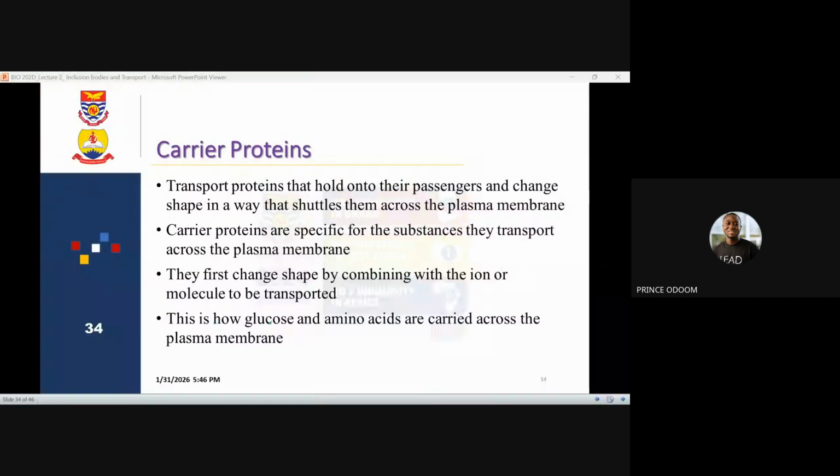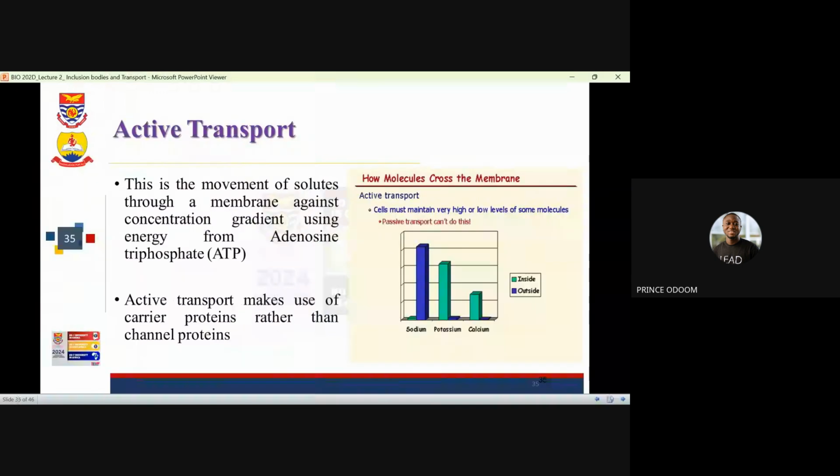But what I want you to understand is that assuming your blood needs glucose or amino acid, and the amino acid is concentrated in the cells of the small intestine, and they do not get the requisite protein to carry them through the walls into the plasma membrane, there will be a lot of pathology. So that is with the carrier protein. We'll look at them in detail when we get to active transport.